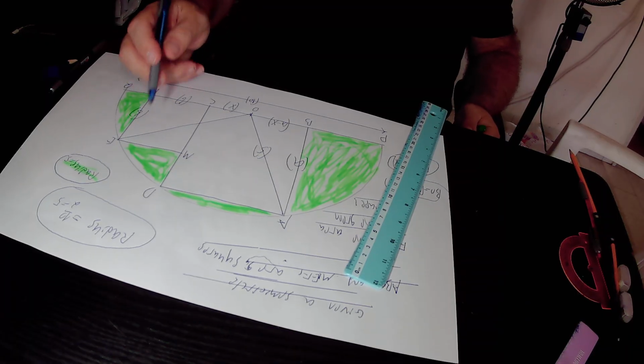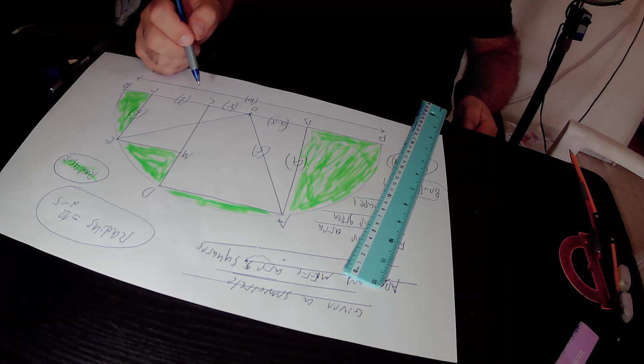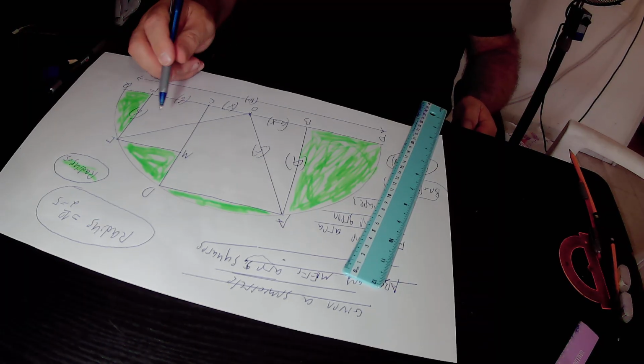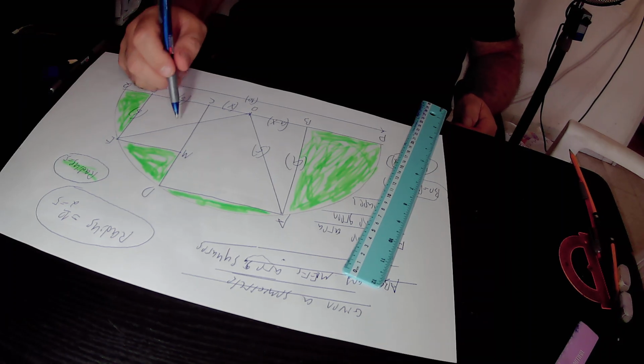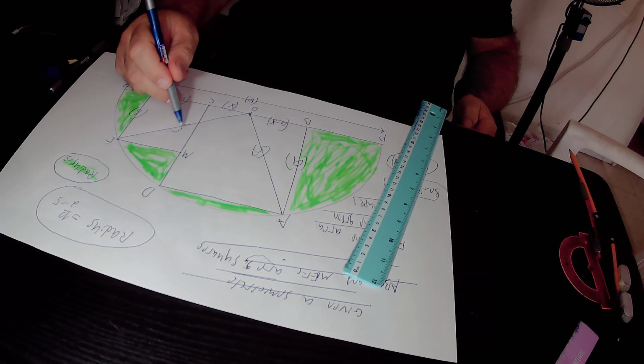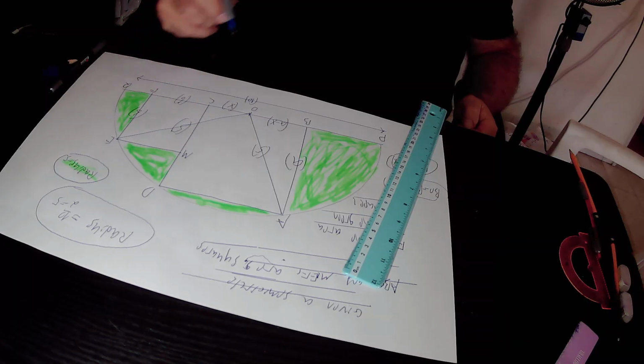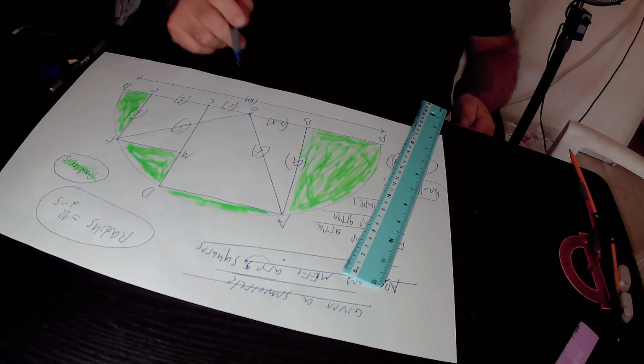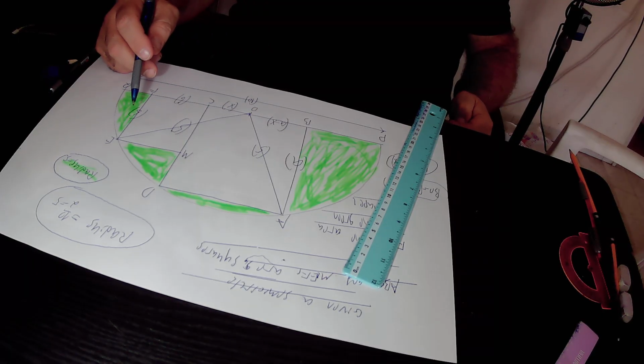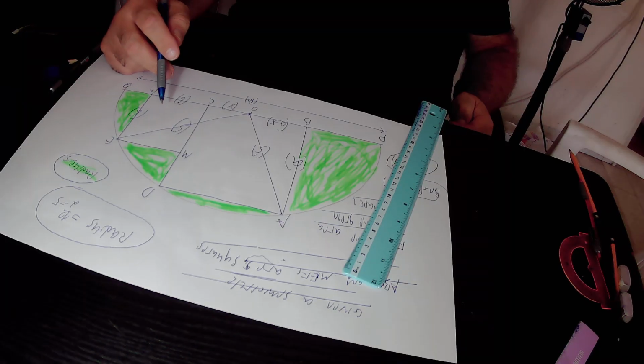OE is of course the radius of this semicircle that is equal to 5. Repeat again, OE is the radius of this semicircle that is equal to 5 units in its length.